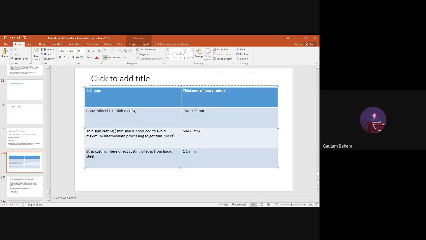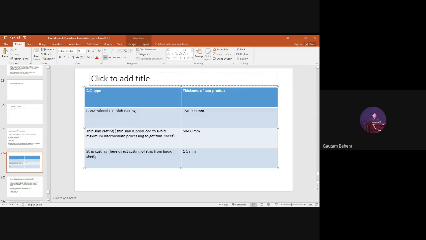This is a very high thickness of the slab generated from the conventional continuous casting, right? But if you look into the thin slab casting part, which is a near net shape casting process, you can see the thickness of the slab generated is 50 to 80 mm. So in near net shape casting we have reduced the thickness of the slab which is generated. It is very high there, but it is very less here.